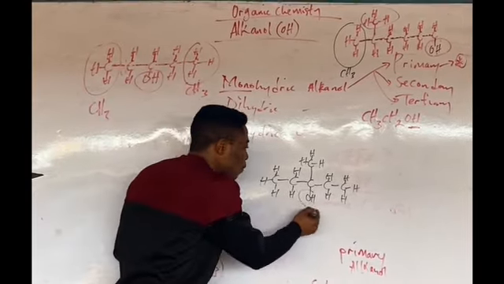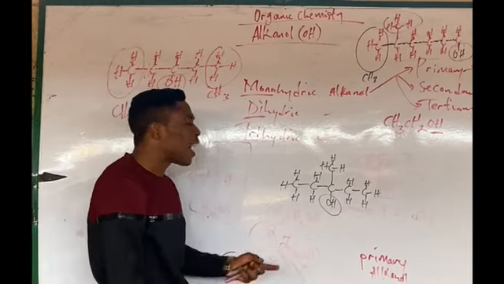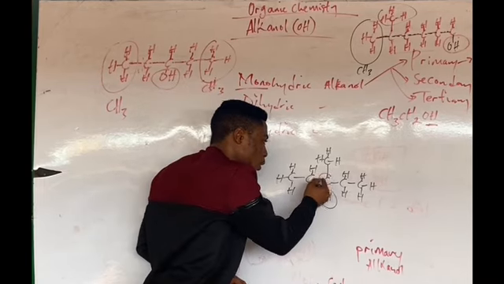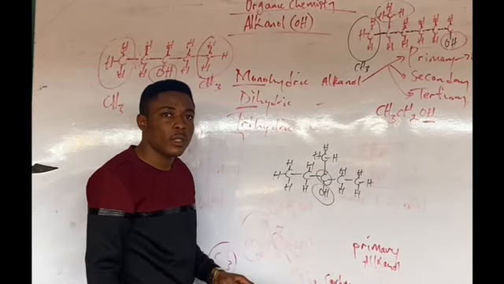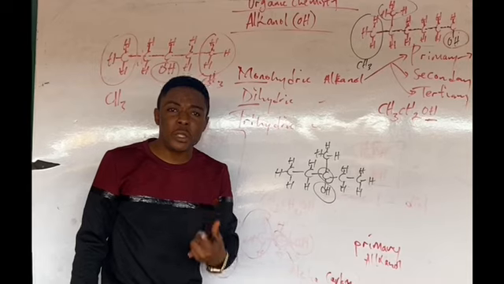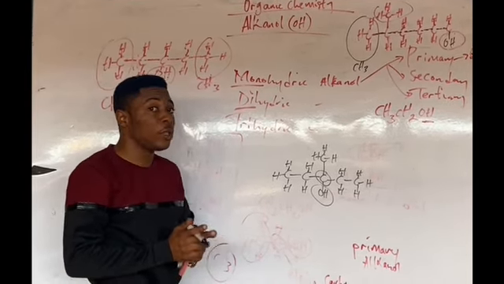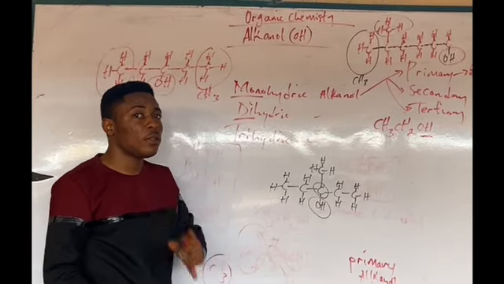It is this. Now, can you identify the alpha carbon? It is this. Now, how many methyl groups have direct link with the alpha carbon? Can you guess?